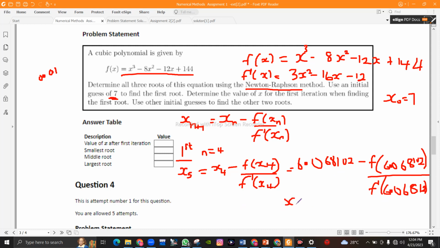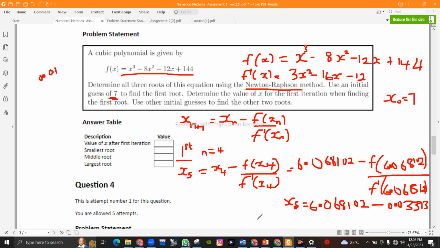If you calculate it normally, you get your x5 to be equal to 6.068102 minus, if you take this inside a function, you know how to press the calculator. You just put them inside this function, then divide it by this one. You're going to have 0.033936.